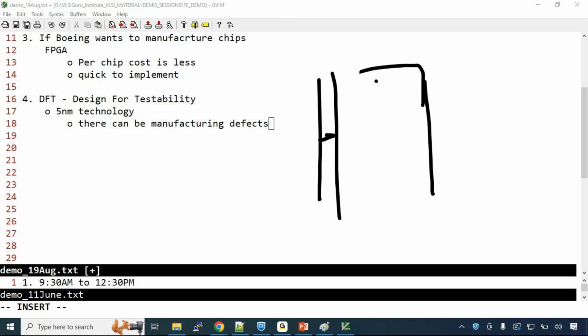So the only thing you can do is identify, out of the chips, whether it is a good chip or a bad chip. Is everything good in the chip, or is there any defect in the chip? The technology used to detect which chip is good and which chip is bad is called DFT, design for testability.